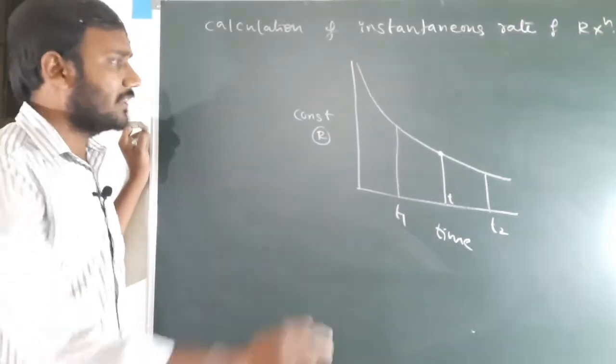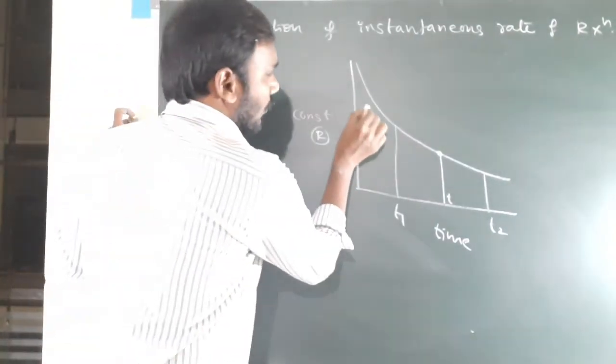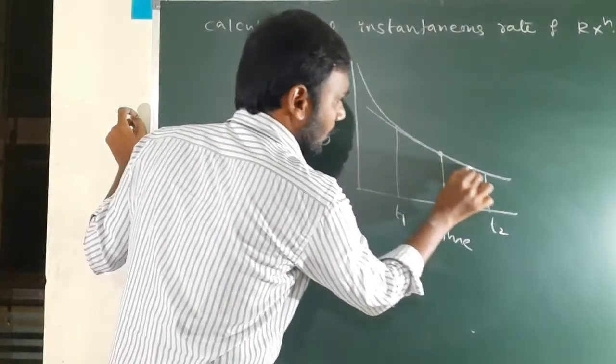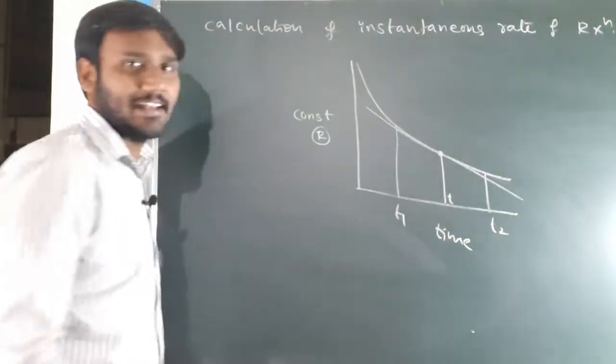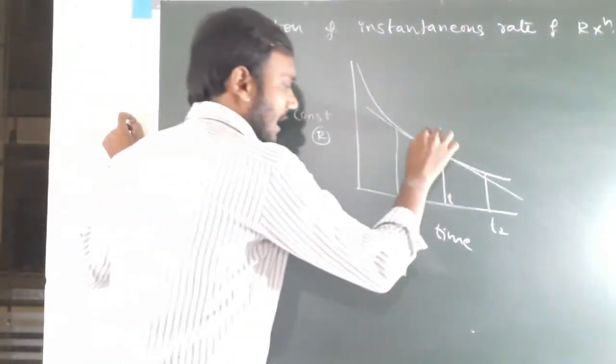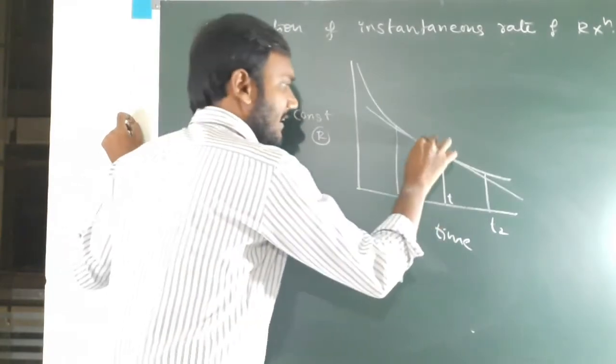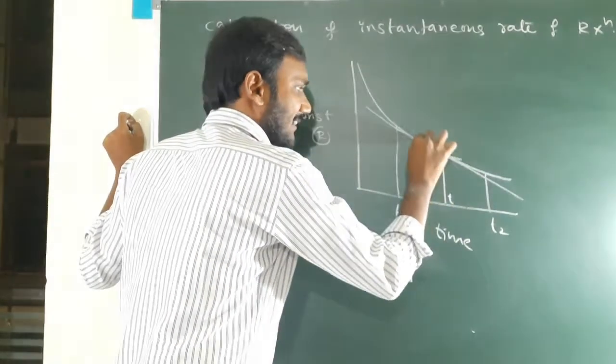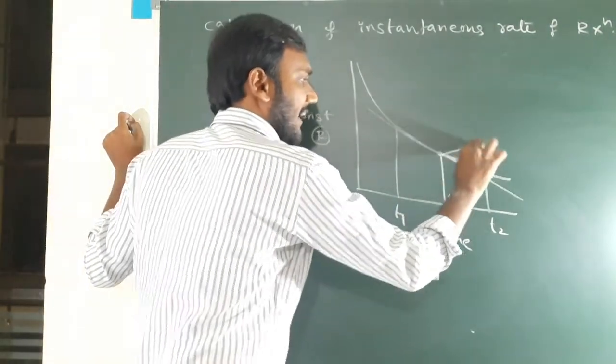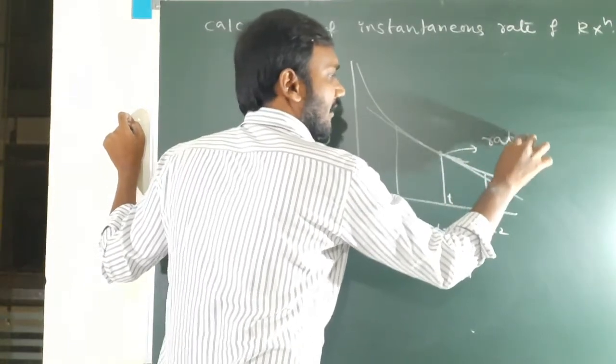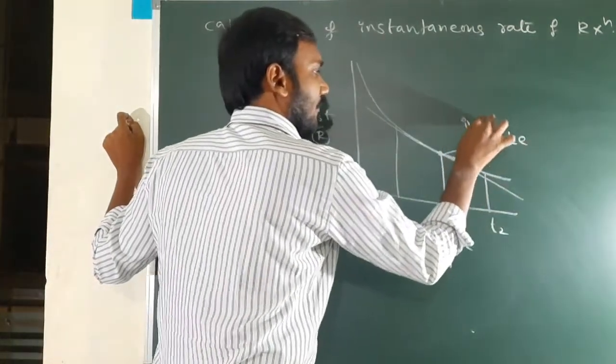So for this I am drawing one tangent. This is the tangent line, and the slope of this tangent at this point on the curve indicates the instant rate of reaction.